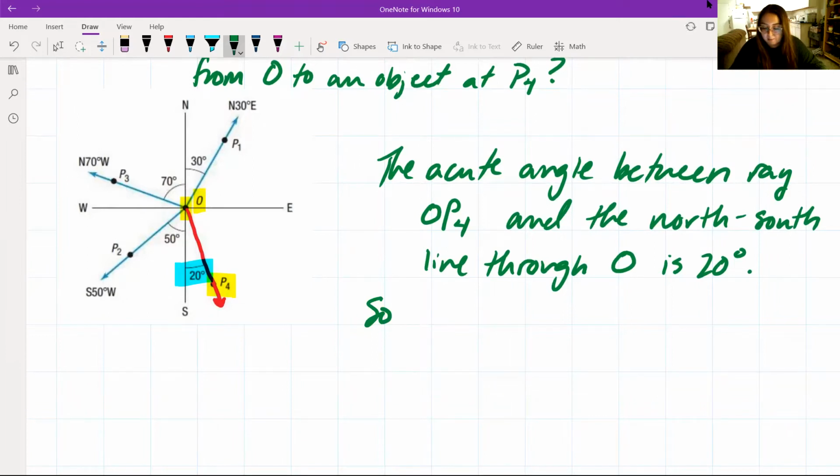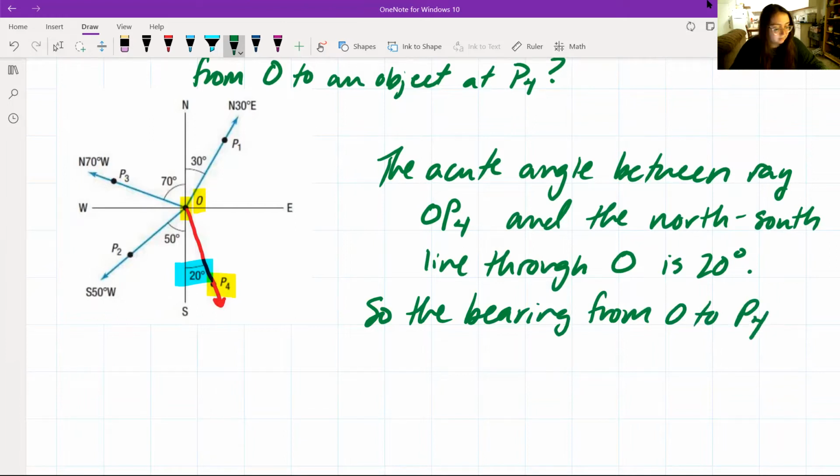So we can say the bearing from O to P4 is 20 degrees south, since we see that this whole area is south, and we're in the east part of our graph here.